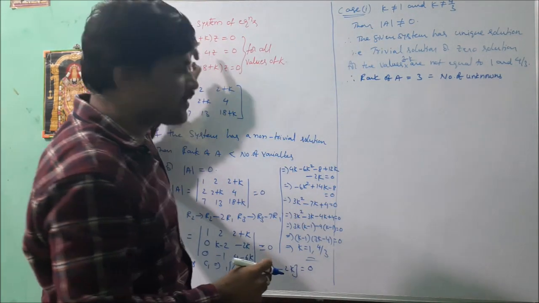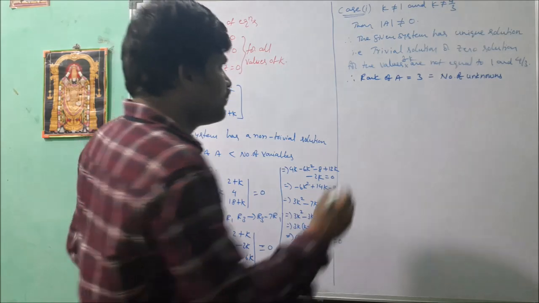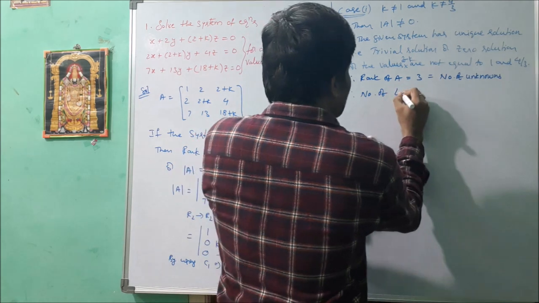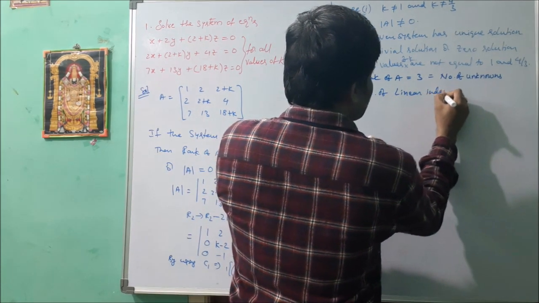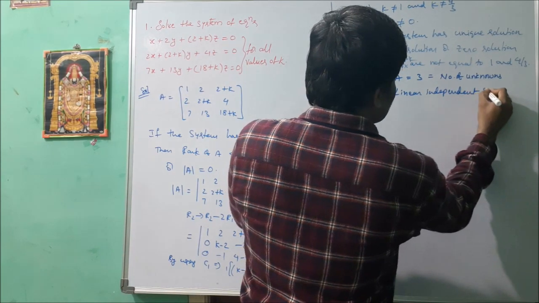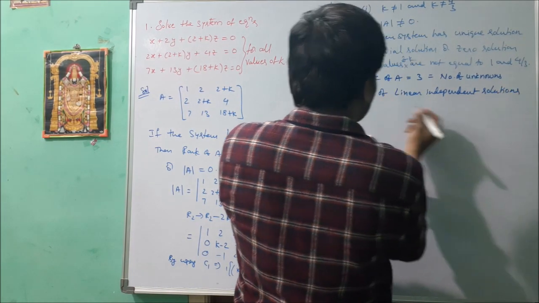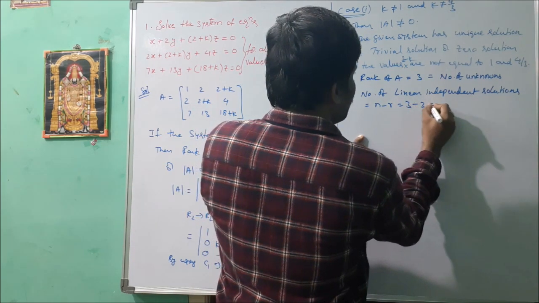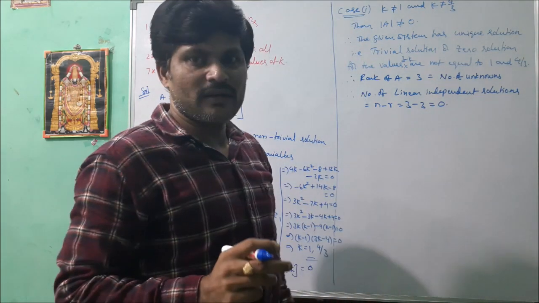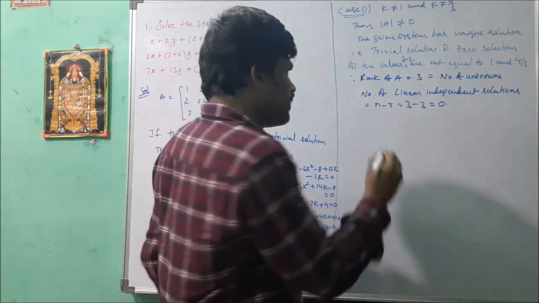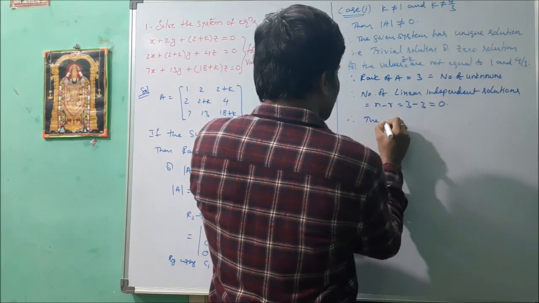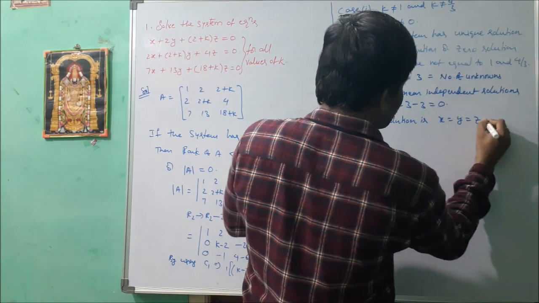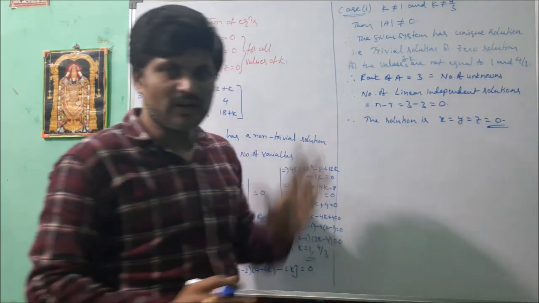Here the number of variables is 3. Therefore, the number of linearly independent solutions equals n minus r, that equals 3 minus 3, which equals 0. Therefore, the solution is x equals y equals z equals 0. This is case 1.